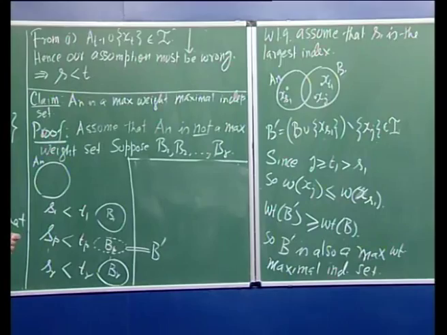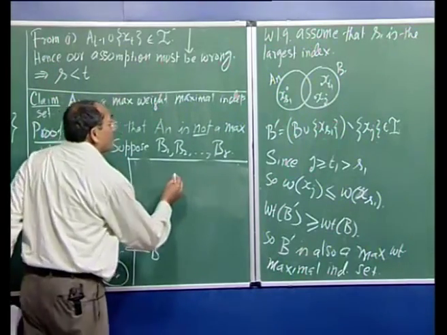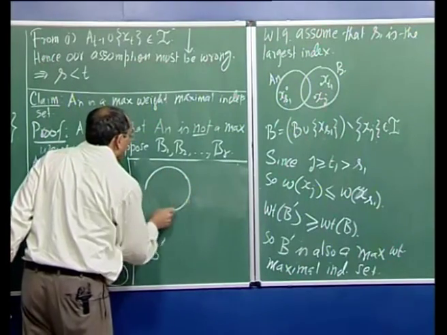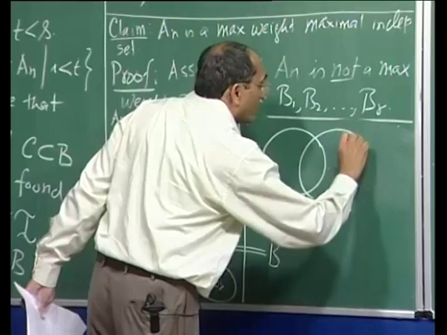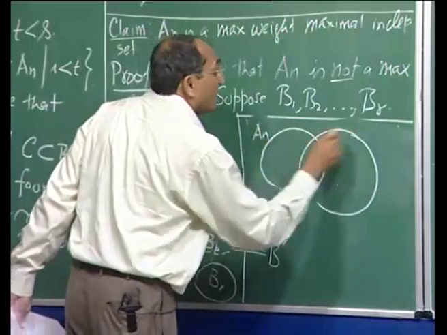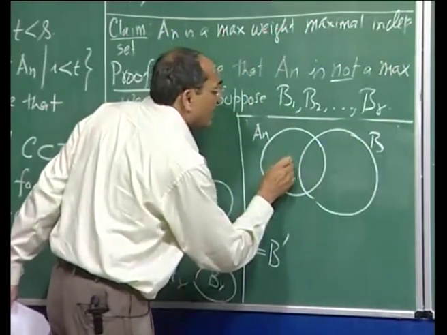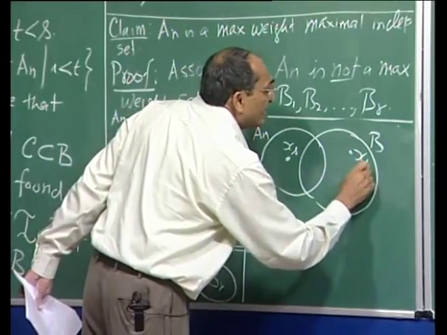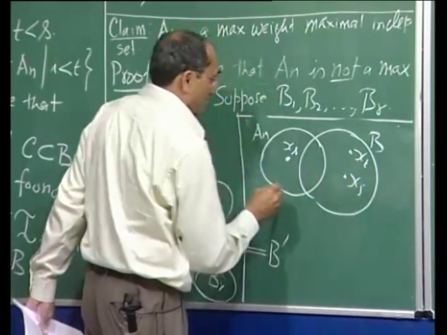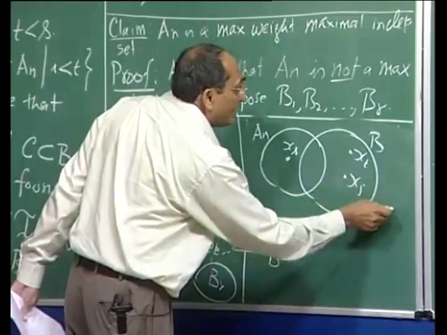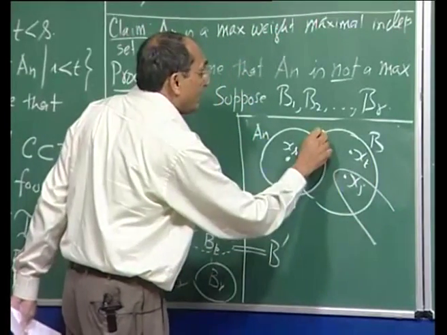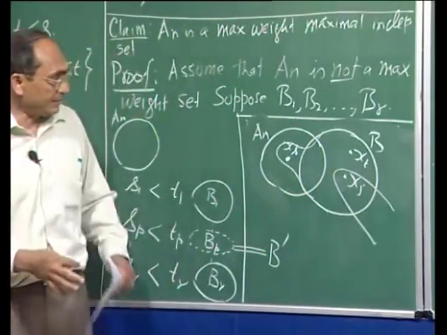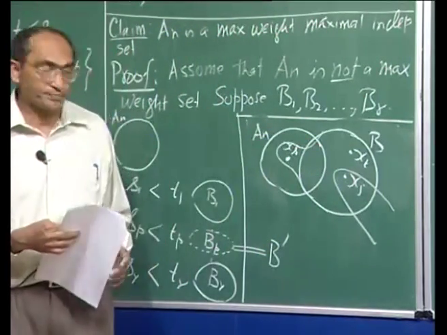Now, in our picture, x s, x t, xj, what we have done is we have deleted this and we have included x s in our B prime.